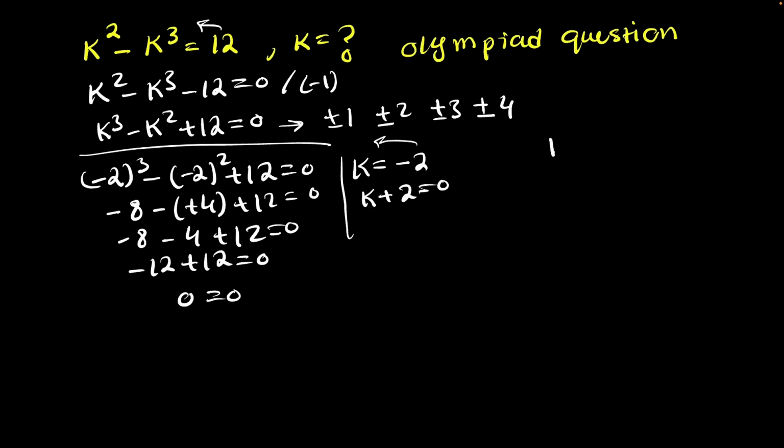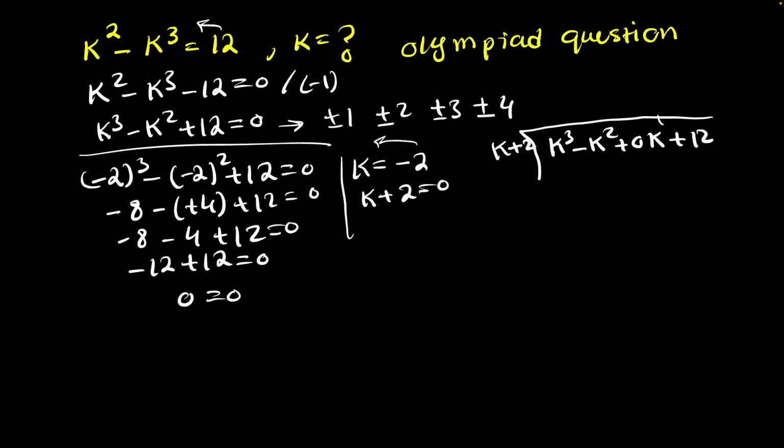So we have k cube minus k square, +0k, +12. For long division we have to write all of the terms. We don't have the k to the power of 1 here, so that's why I wrote 0k. And then we divide this by k + 2.